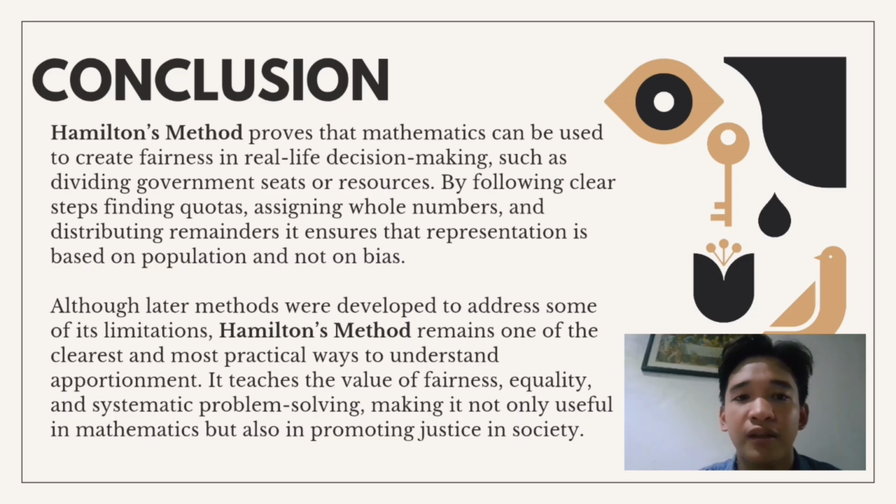Although later methods were developed to address some of its limitations, Hamilton's method remains one of the clearest and most practical ways to understand apportionment. It teaches the value of fairness, equality, and systematic problem solving, making it not only useful.